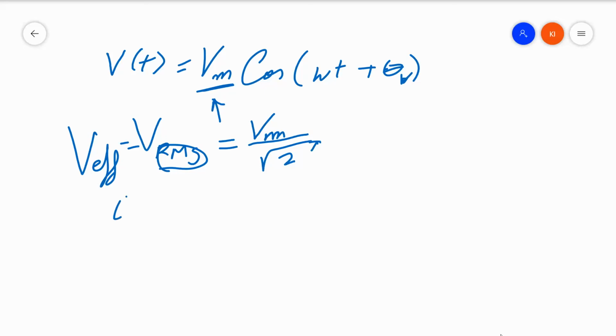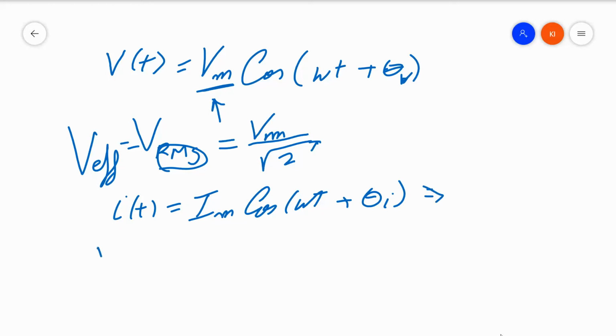So if you've got I of t equals Im cosine of omega t plus theta I, and they ask you for an effective value, what they're really asking for is I effective. It's really what we used to call I RMS.